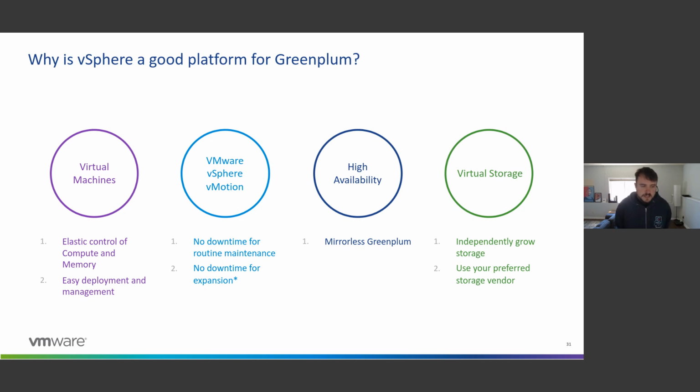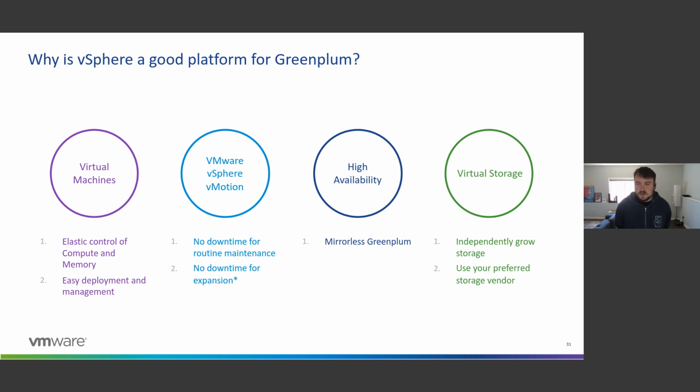So, breaking down a couple of the main benefits of putting these things together. One is that you're running on virtual machines. We've all been there in the times of running everything on bare metal servers and the difficulties of doing that. Virtualizing everything gives a lot of immediate benefits.